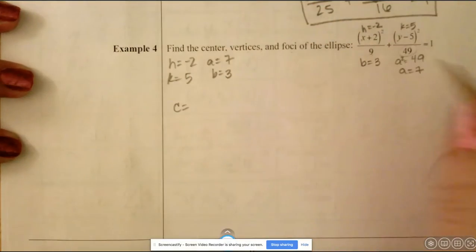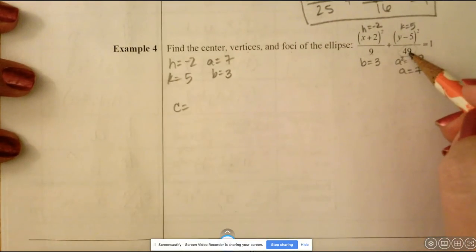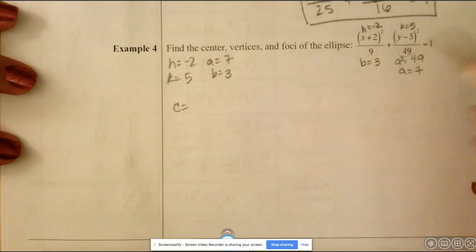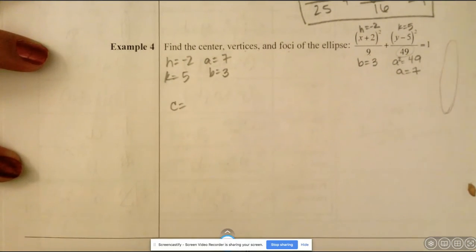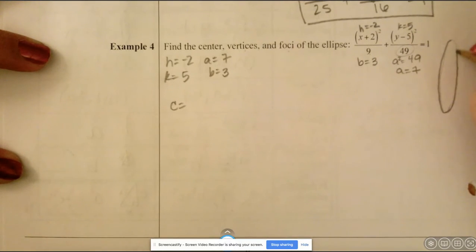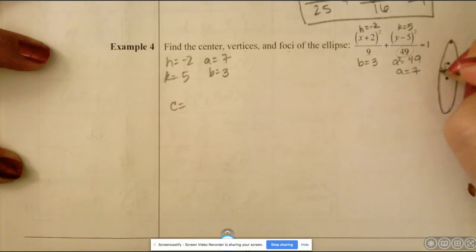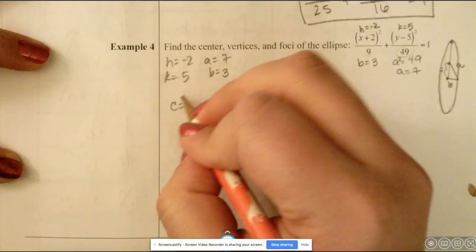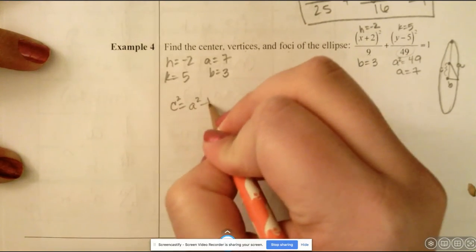C equals what? Well, let's sketch this, okay? We have our major axis is in the Y direction. Here's our center, focus, vertex. There's C, that's A, that's B. So then C squared equals A squared minus B squared.